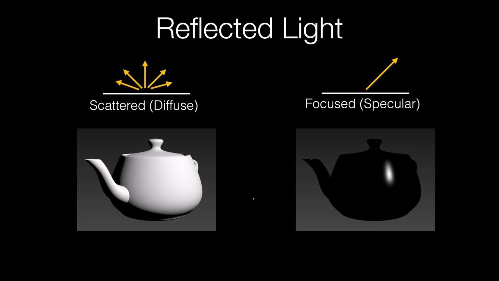To help organize things in computer graphics, we split up the reflected light into two categories. First, we have light that gets scattered in all directions, and it's called diffuse light. And second, we have light that stays relatively focused instead of being scattered, and it's called specular.